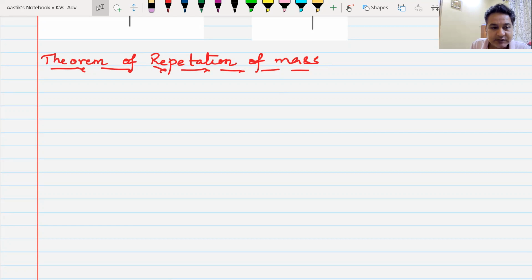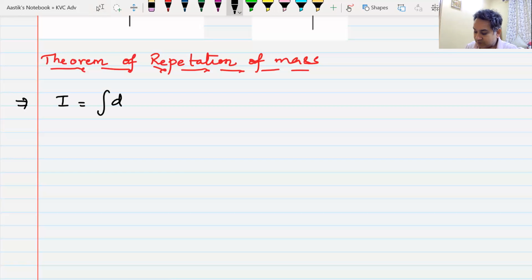Do you understand this theorem of repetition? If I want to find out the moment of inertia of a body, I will find it out by dm into r square. If this r is same for all the bodies, this r will come out because this is constant.